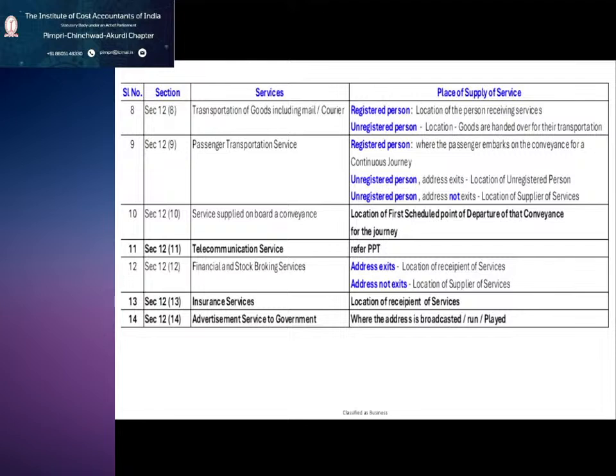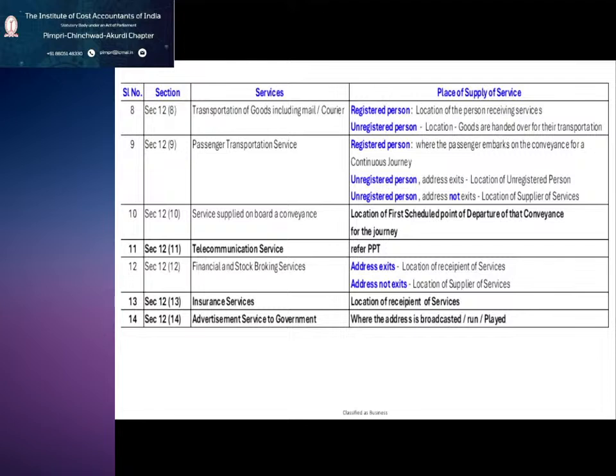First, in case of registered person, passenger transportation service related it is, and if he is a registered person, where the passenger embarks on the conveyance for a continuous journey.